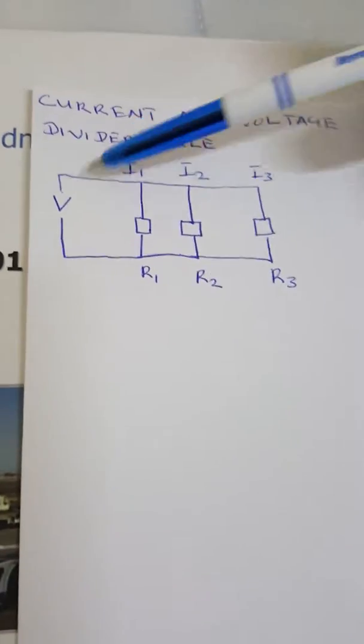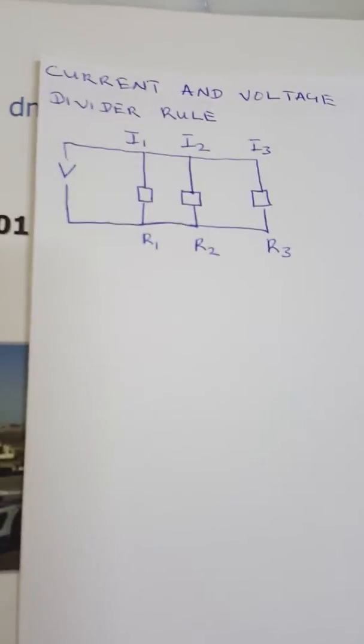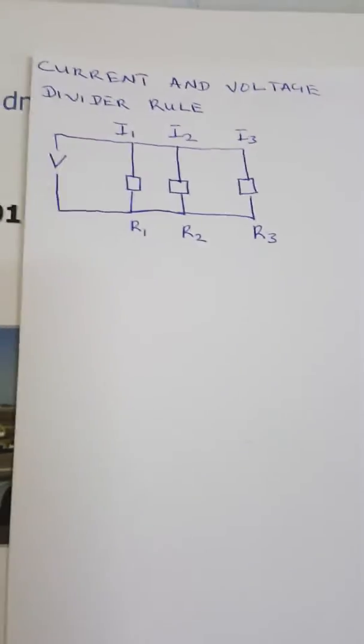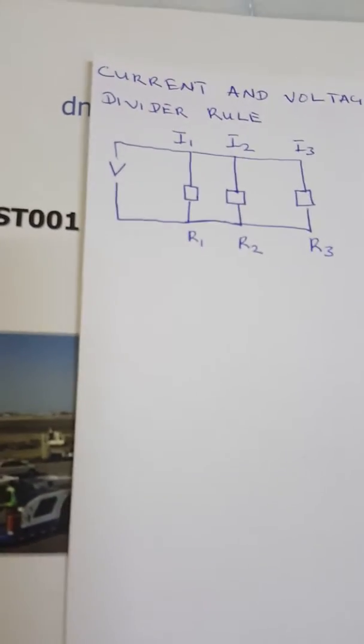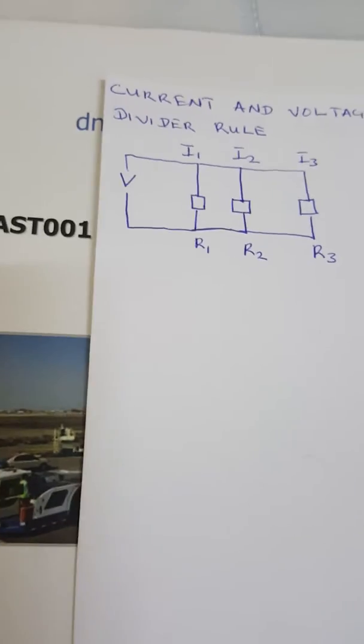Anytime you see an arrangement like this, you remember Ohm's law. In electricity, Ohm's law states that the current through a conductor between 2 points is directly proportional to the voltage across the 2 points. Now, what is he trying to say?